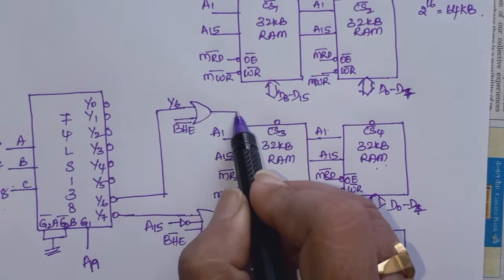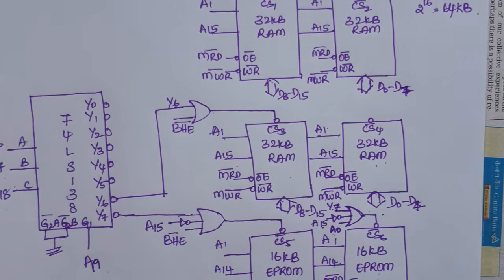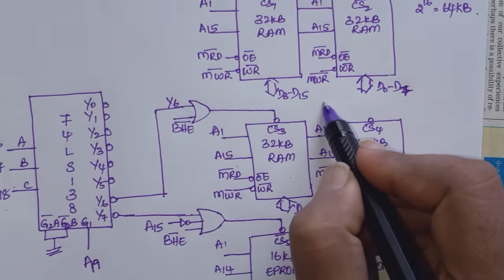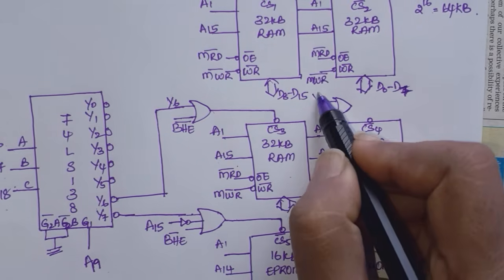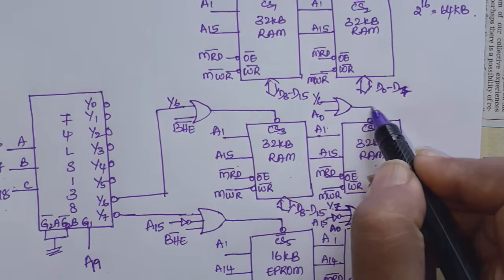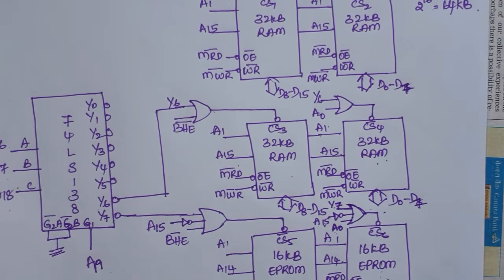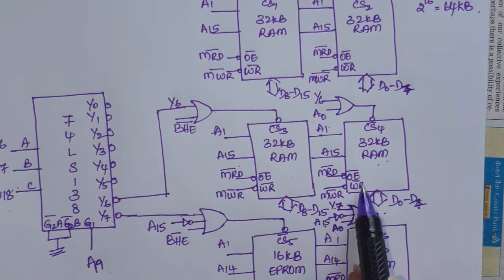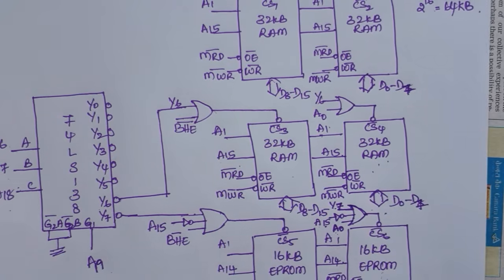So this is used in selecting this particular chip. And the same Y6 ORed with A0 is used in selecting this particular chip, the even bank. Okay, so this is how we decoded for this pair of RAM.